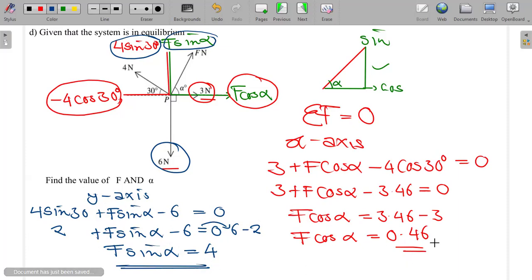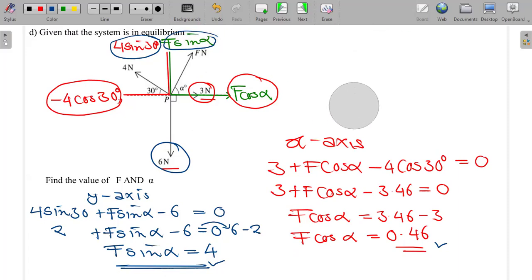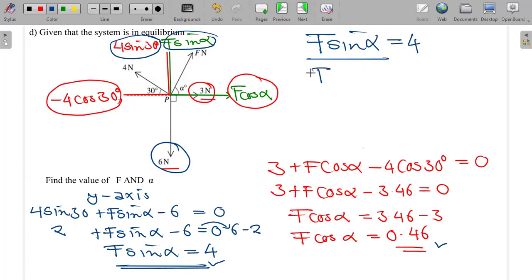So I have this in the x and this in the y. Now what can we do? We can divide this equation by that particular equation, so the y component divided by the x component. I'm going to have F sine alpha equal to 4, divided by F cos alpha, which is equal to 0.46.